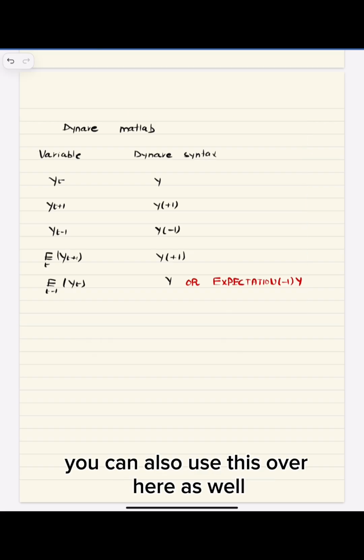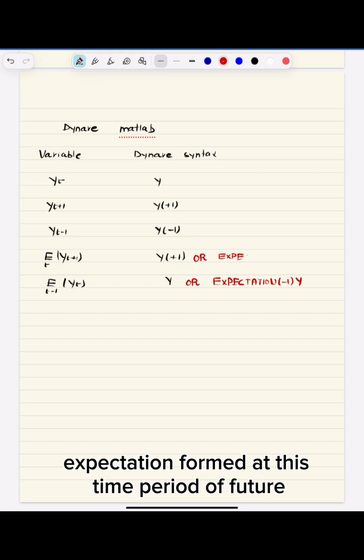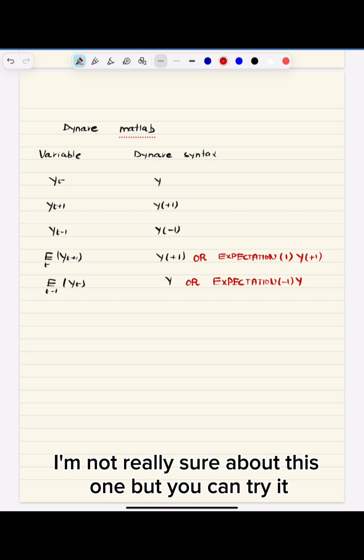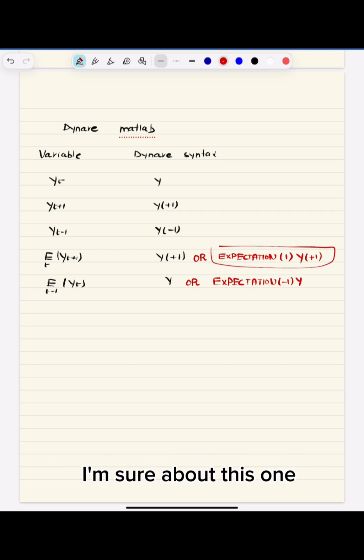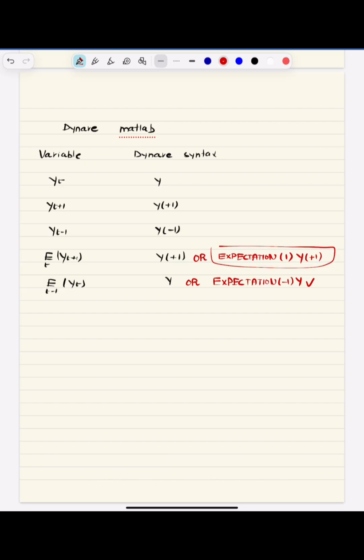So you can also use this over here as well. It's going to be the expectation formed at this time period of the future, so most probably it's going to be a plus 1. I'm not really sure about this one, but you can try it. I'm sure about the other one because the student already tried it and it worked.